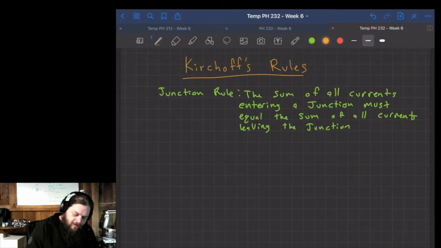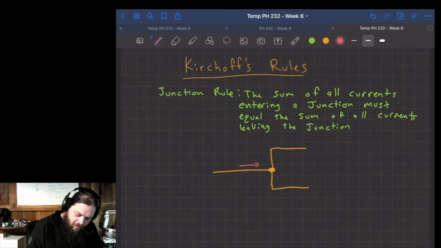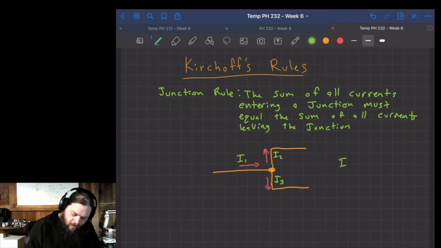So what that means is if I had a circuit and there was a junction point, where one goes up this way, this one goes down this way, so our connection splits at one point, and my current's flowing in this direction here. The current here and here would split out that way. If I called this one I3, this one I2, and this one I1, this would say that I1 needs to equal I2 plus I3.